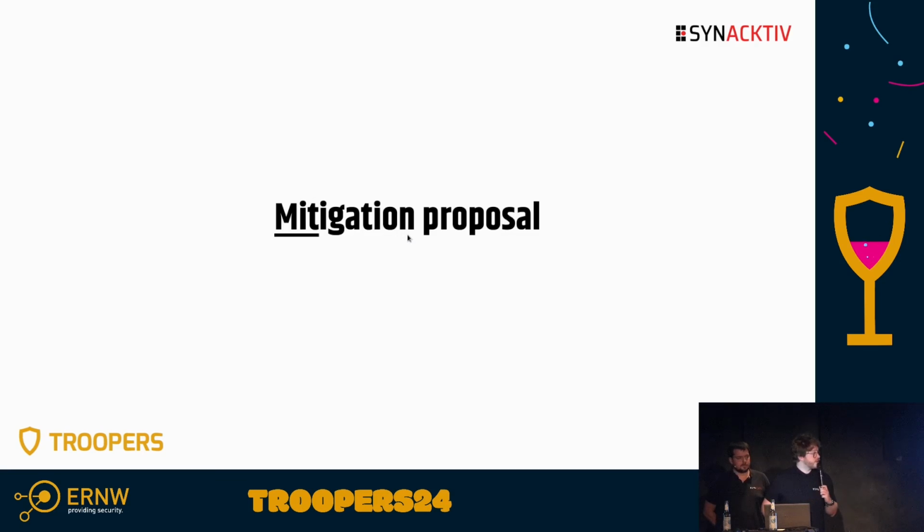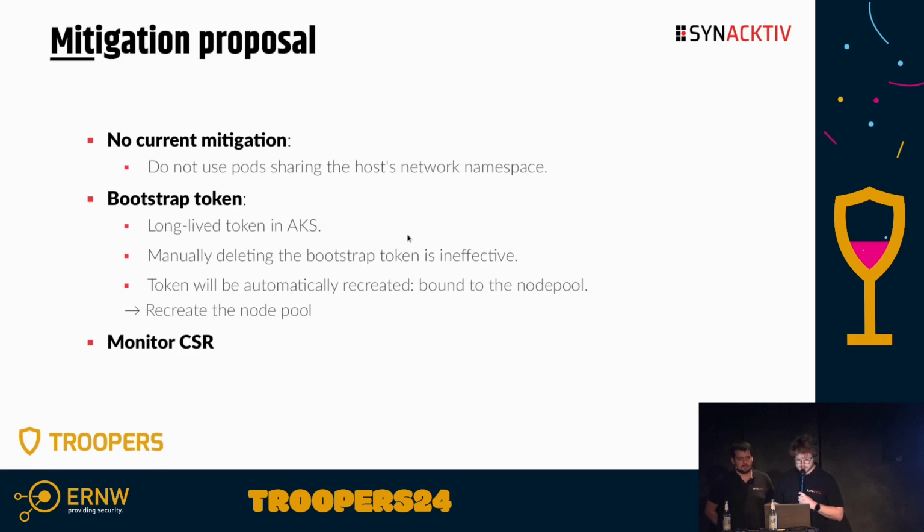So what can you do yourself to protect the cluster? Not so much. Just don't use pods sharing the host network namespace. There are really few use cases where this is useful, and if you do that, maybe you can do it in a better way. And if you think that you were compromised in the past, bootstrap tokens are a really good way to have persistence inside an AKS cluster.